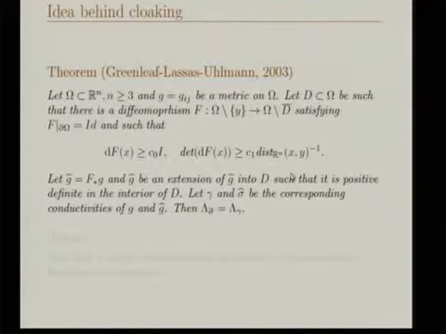This G tilde is not going to be positive definite everywhere, it's only going to be positive semi-definite. But at least inside D, you want it to be positive definite. If that is the case, then you consider the corresponding conductivities, which if you recall, were in terms of some power 1 over n minus 2.